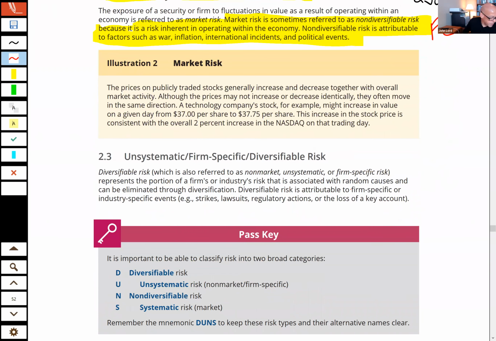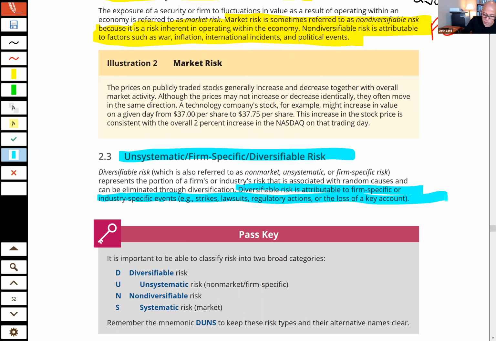Now, unsystematic risk, also referred to as diversifiable risk or firm-specific risk, and you can see that it is diversifiable, is attributed to firm-specific or industry-specific events such as strikes, lawsuits, regulatory actions, or loss of a key account.